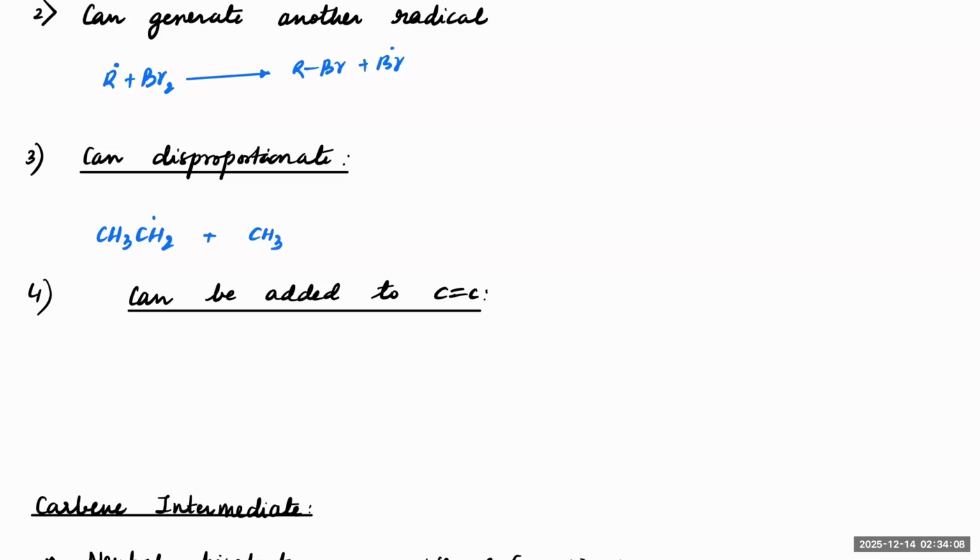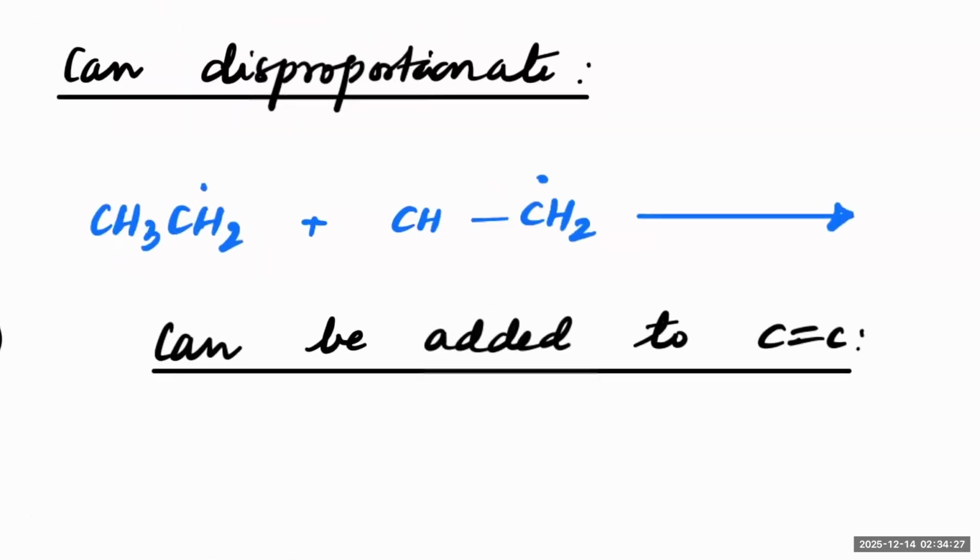Next, CH3, I have CH2 dot. Now you will notice that at this position where you have three hydrogens, let us put this as two hydrogens here. So CH2 and then we have H. Now this would start breaking into pieces like this.